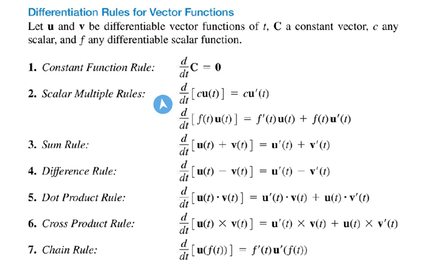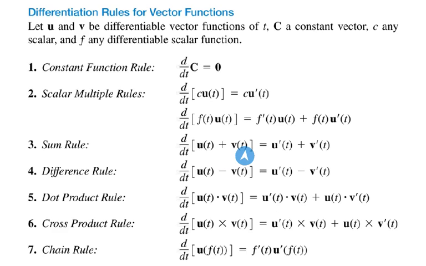Scalar multiple, you can still pull that out in front and just take the derivative of a vector. Also, if that scalar multiple is a function, so we have a function of t times a vector of t, then we're using that product rule. So the derivative of the function times the vector plus the function times the derivative of the vector.